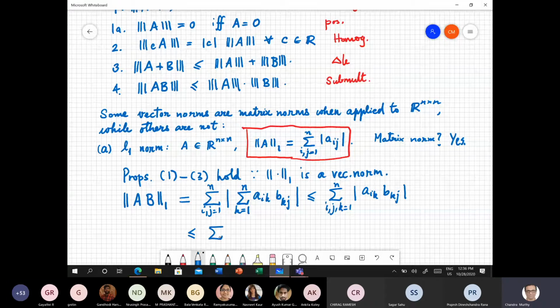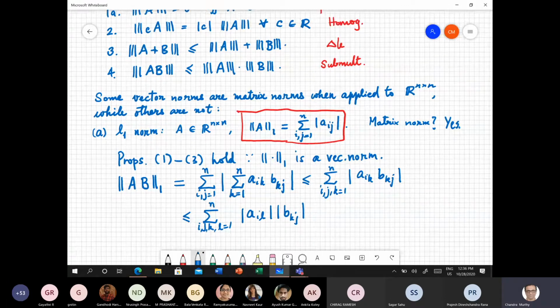So I'll write this as sigma i, j, k, L equal to 1 to n, mod of AiL times mod of Bkj. So this is a summation over four indices. I'll just make this a little neater.